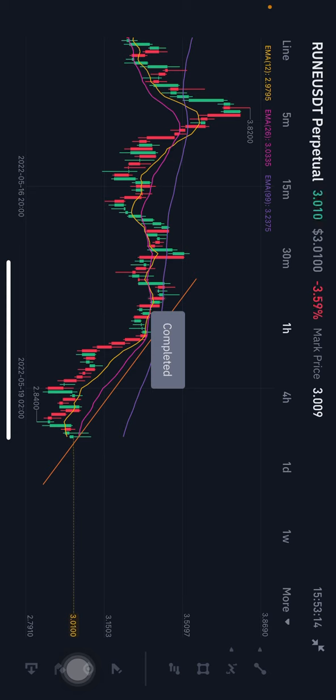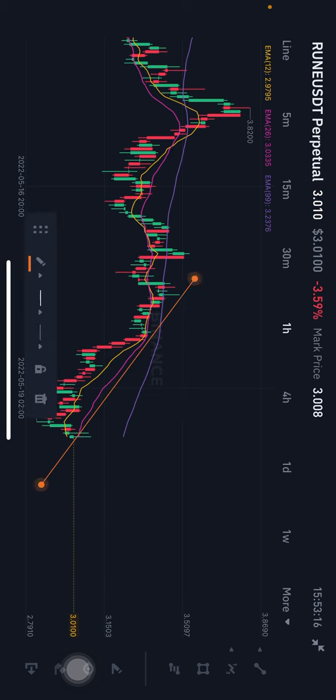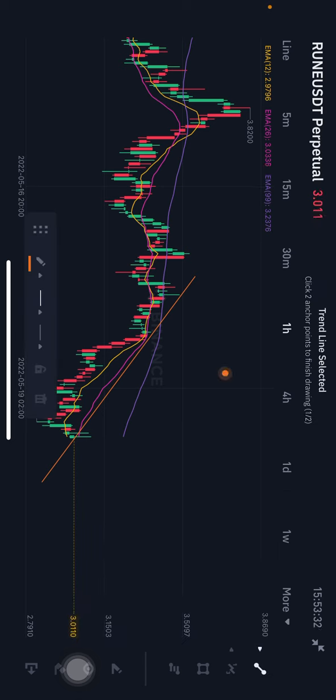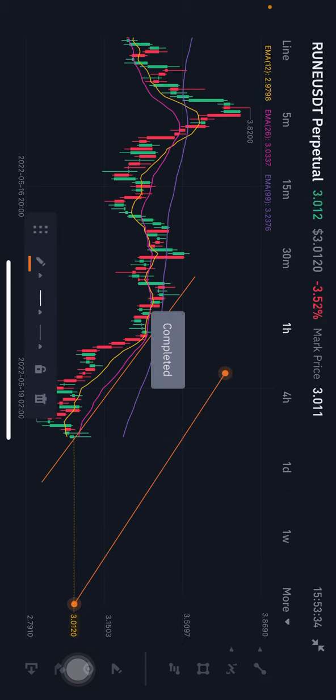Don't mind where it's cut. What you have to focus on is the higher highs. Just get 2. If you can get 3 or 4, fine, but if you can just get 2, you are good to go. Then draw another one on the lower lows.